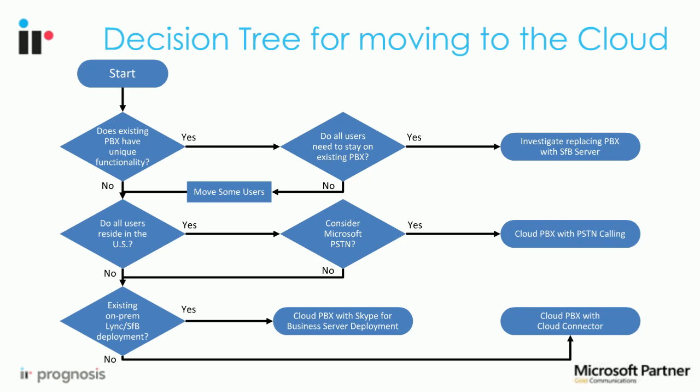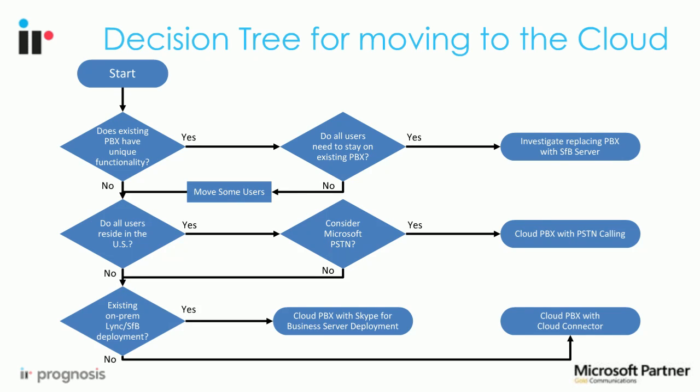Coming to the next slide, it is about the decision tree in moving to the cloud. If you take a look at this flow chart here, we really want to give you certain points on how you would make a decision of moving to the cloud.